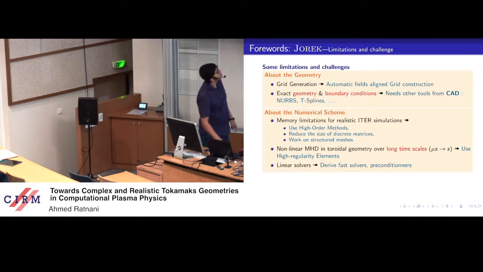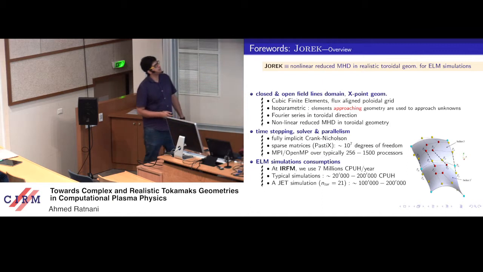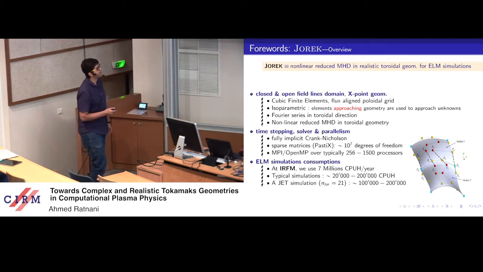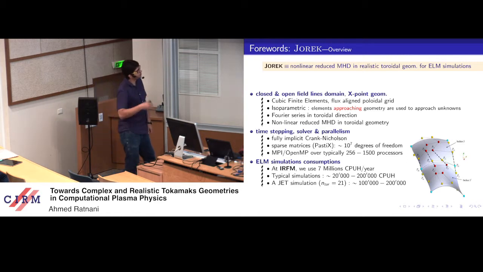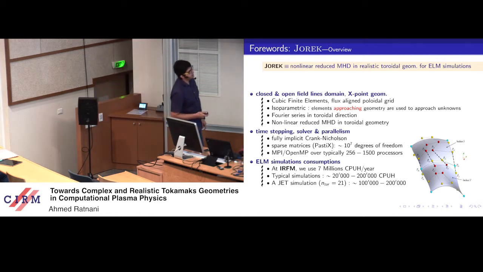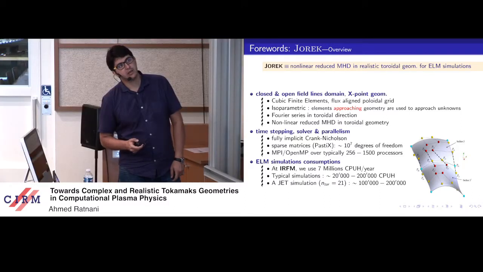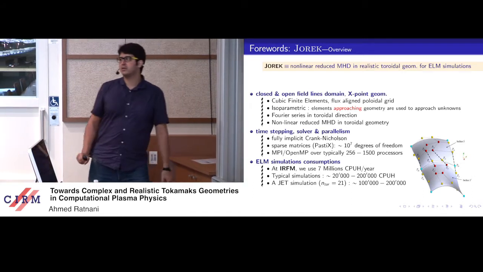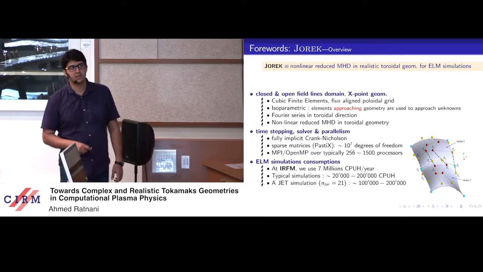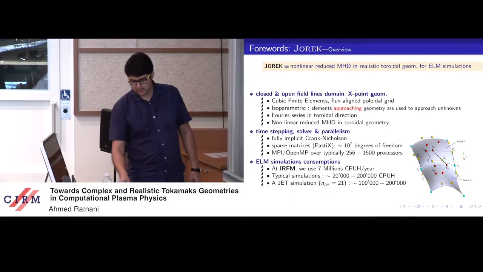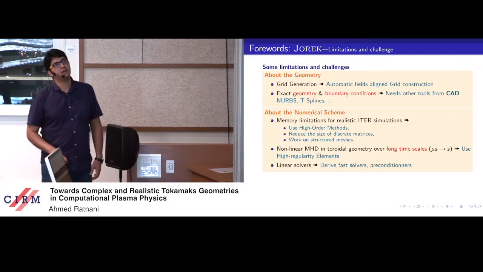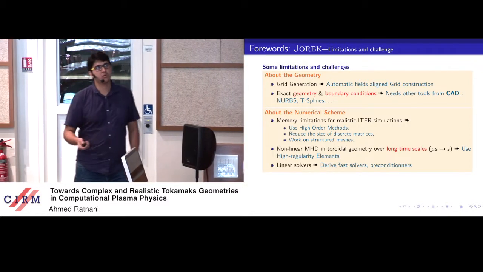I forgot to say that we use Bezier surfaces here in the poloidal grid. And these Bezier surfaces, as you can see here, can be stuck together in order to have a C1 global surface. So this is the game. The game is how to create meshes that are C1, so that our solution will be also C1.